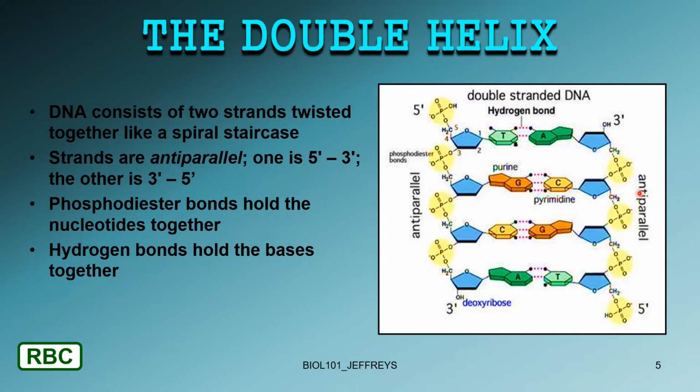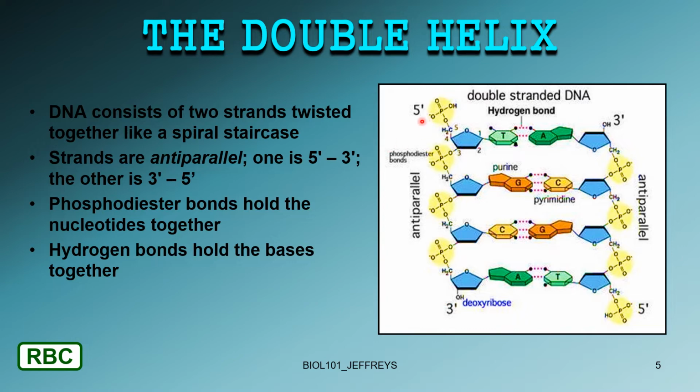But remember that DNA is a double helix, and so here we see the sugar phosphate backbone on this side and the sugar phosphate backbone on that side. And remember, in the first part we learned that there was a polarity to a strand of DNA, 5' to 3', and that's going to be important when we talk about replication.